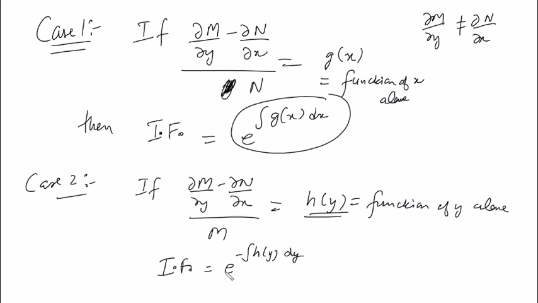They are not just randomly coming. They're coming from a bigger form. Then you will have a verification of why these turn out to be integrating factors.